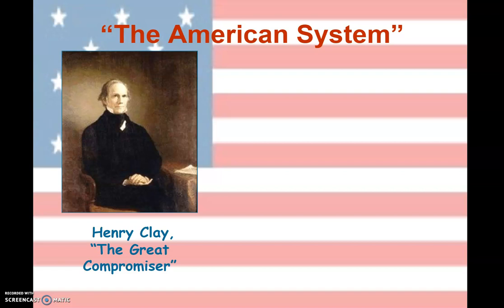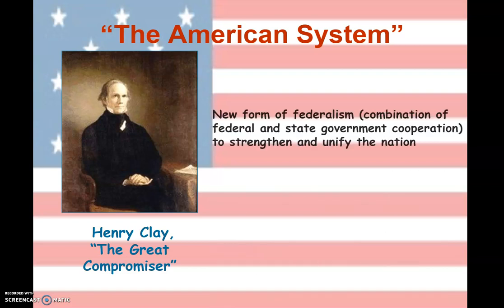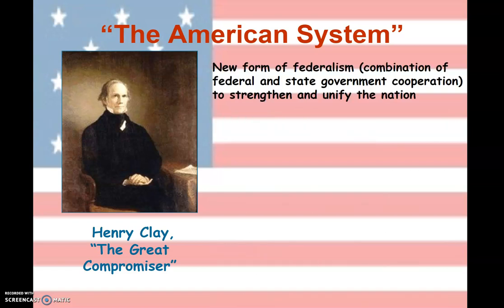So the American system is the economic and kind of political system that the United States is going to operate under during this time period. And the American system is developed by, of course, our man, Henry Clay. Remember, he's going to continue to show up throughout the next few units. He's the Hamilton of this unit.